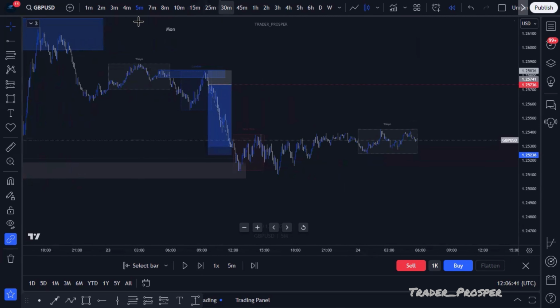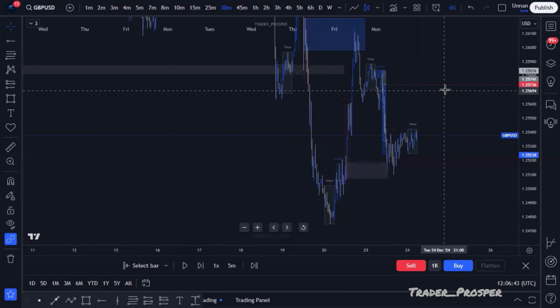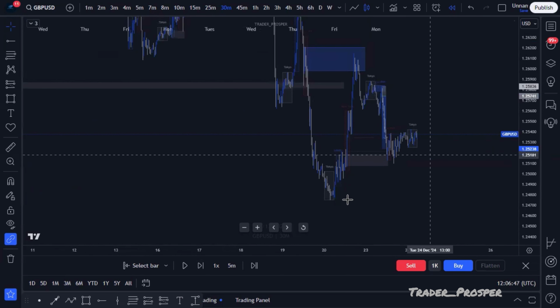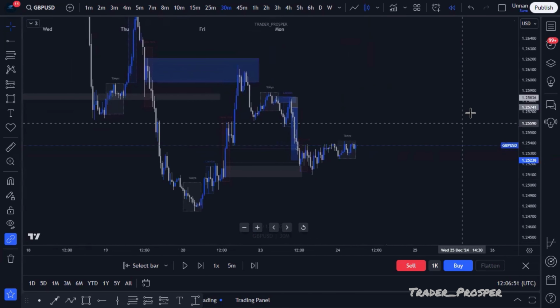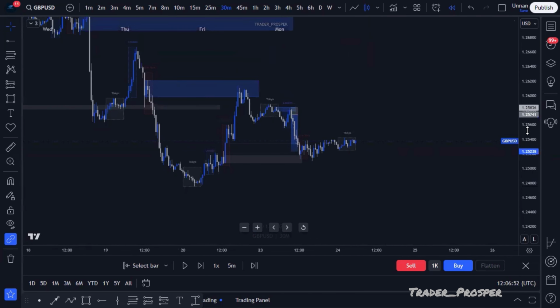First, let's go to the 30-minute time frame and analyze this again. Okay, we still have some level of supply here, which we want price to retrace into at this point, something like this.